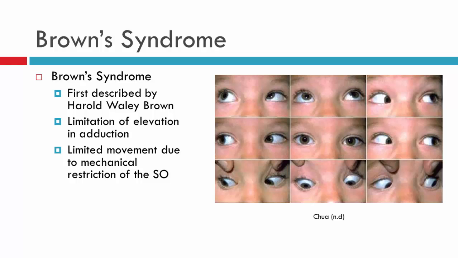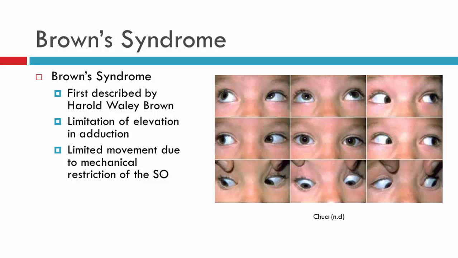In this particular instance, there's a mechanical restriction where the superior oblique is not allowing the eye to elevate in this position, as compared, for instance, to an inferior oblique palsy, where it's the inferior oblique that's the problem. So a Brown syndrome always indicates, or should indicate, that it is the superior oblique that's not allowing the eye to move into elevation when it's adducted.